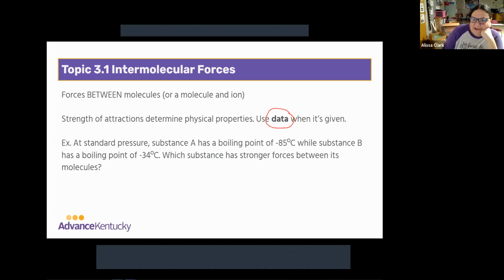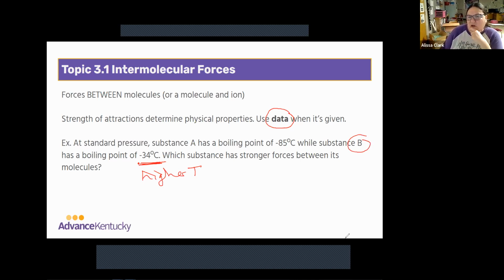So, okay, we get some more B's there. So negative 34 degrees Celsius is a higher temperature, right? Because it's closer to being a positive number. So if I have to heat something to a higher temperature to separate its molecules, then it must have stronger intermolecular forces. Right, so I want you to keep in mind what we said here.